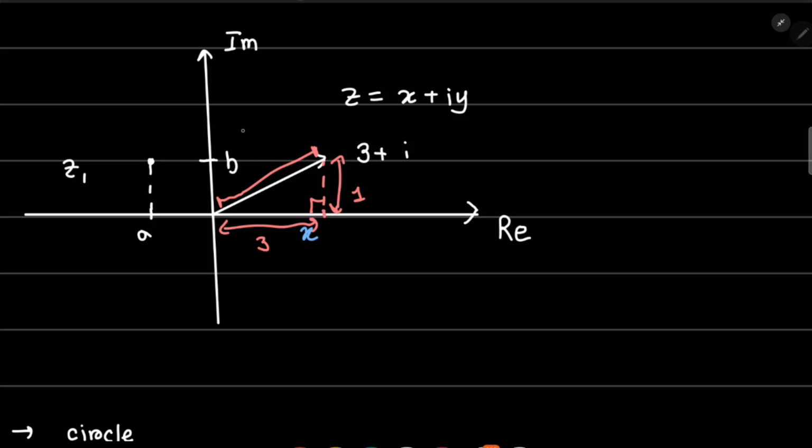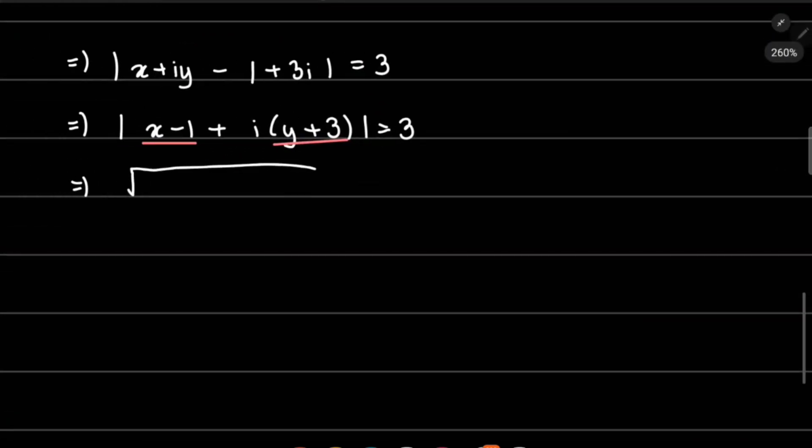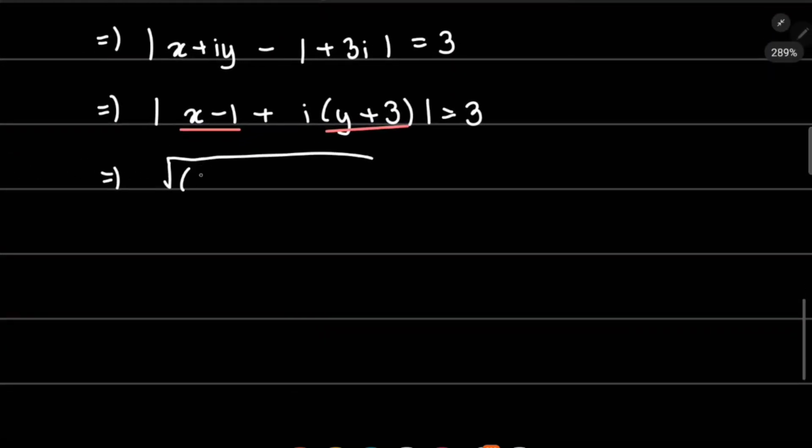So the length of this line will be the root of 3 squared plus 1 squared. Similarly, we'll do the same here. So I get the root of (x minus 1) whole squared plus (y plus 3) whole squared. You can let go of this i here. The i does not matter in the magnitude, and this will be equal to 3.